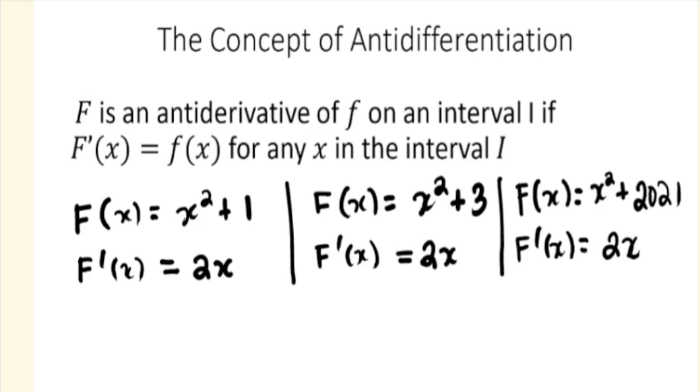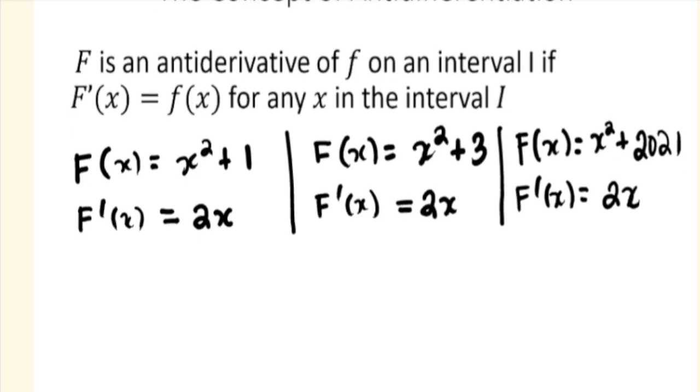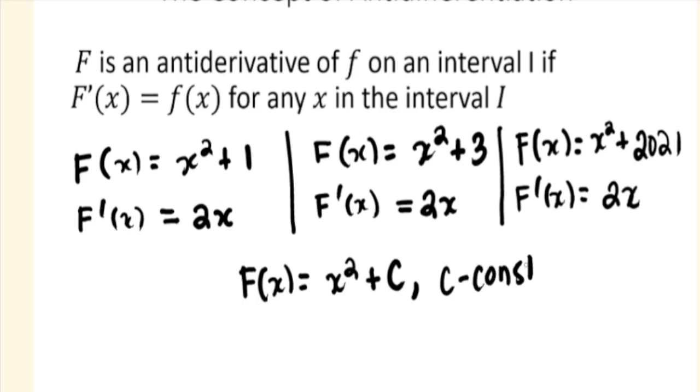So if we generalize that, if we have a function of this form, x squared plus c, for any constant c, we would get that its derivative is equal to 2x.